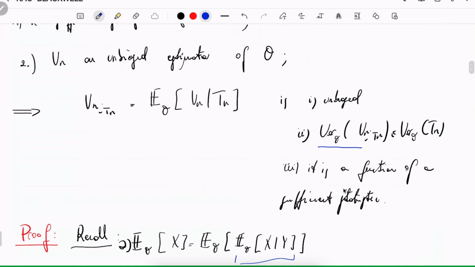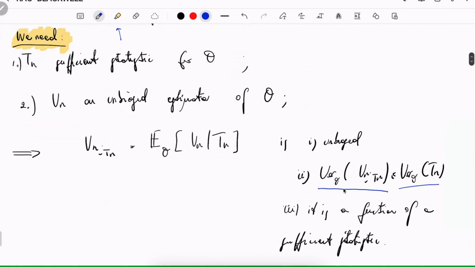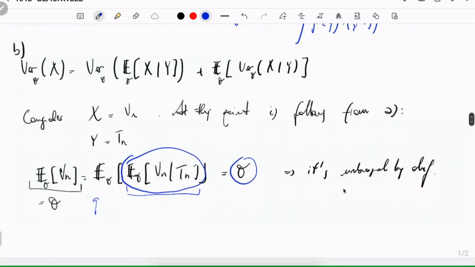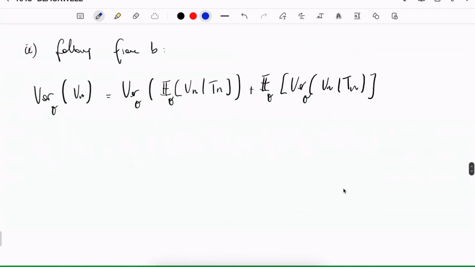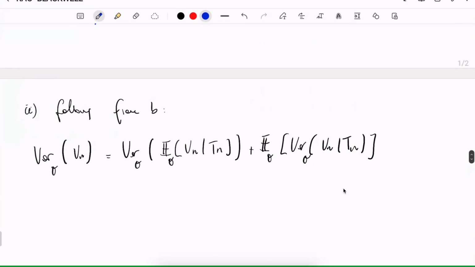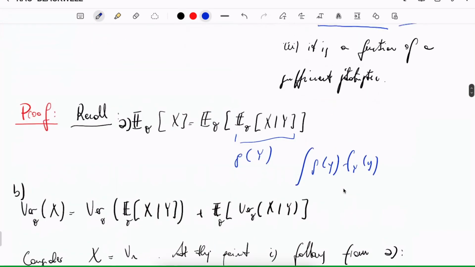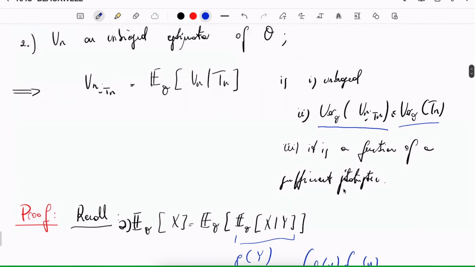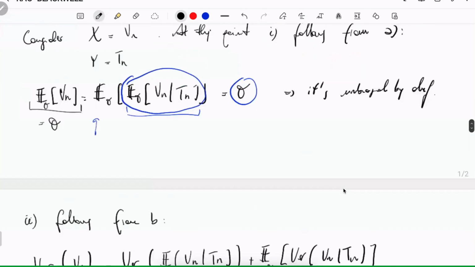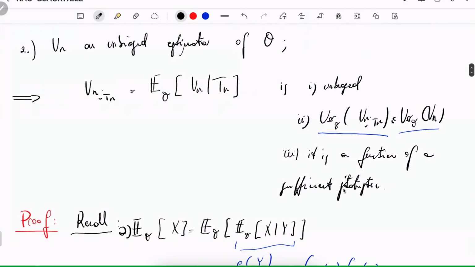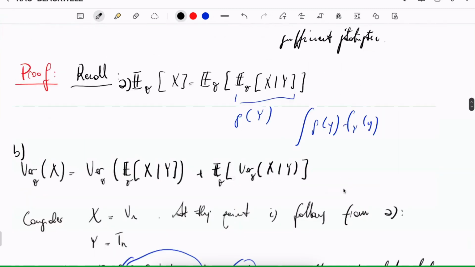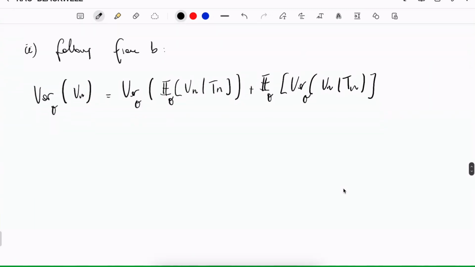So what we're trying to prove is that the variance of our new estimator is less than the variance of the sufficient statistic. Sorry, as I said it, I understand that the variance of a statistic does not make sense. So I don't know why I wrote Tn. That's when you know you learn things, right? I literally said the variance of a statistic, and I'm like, what am I saying?